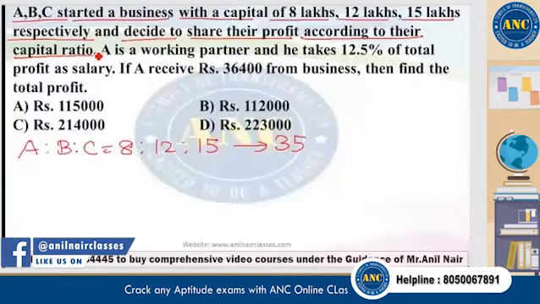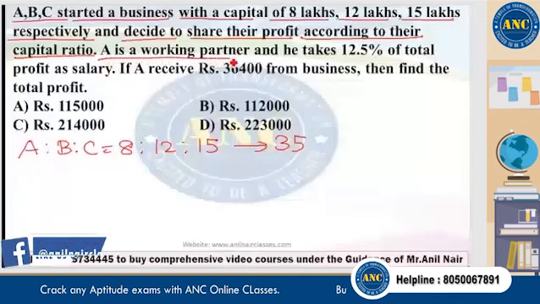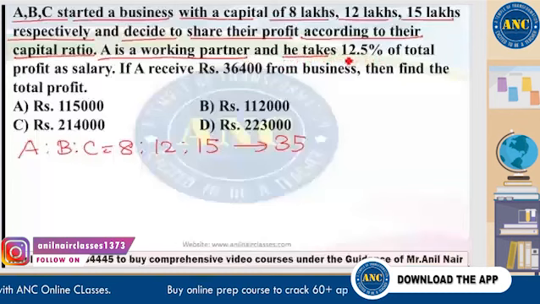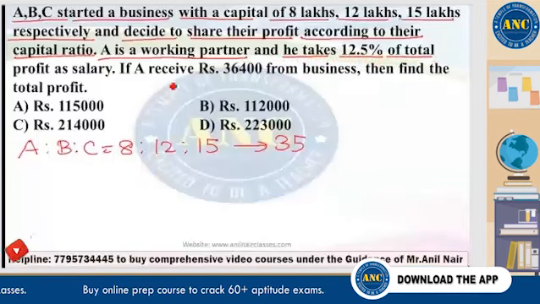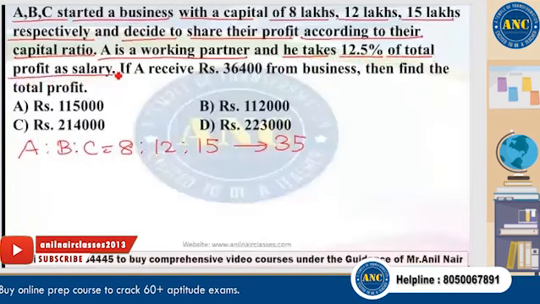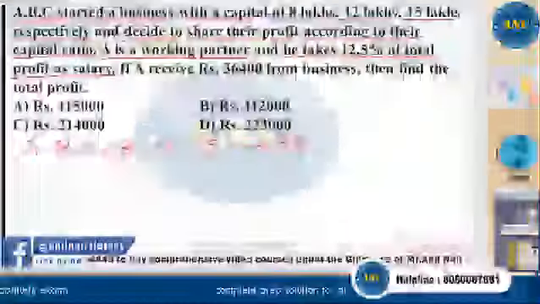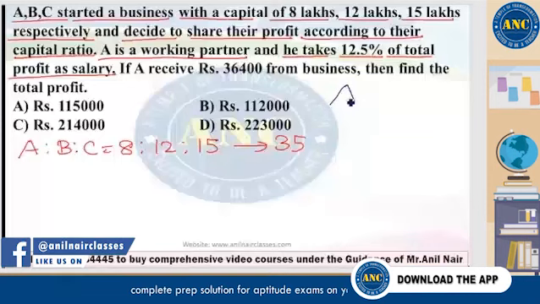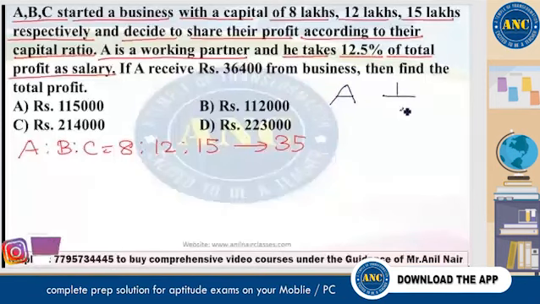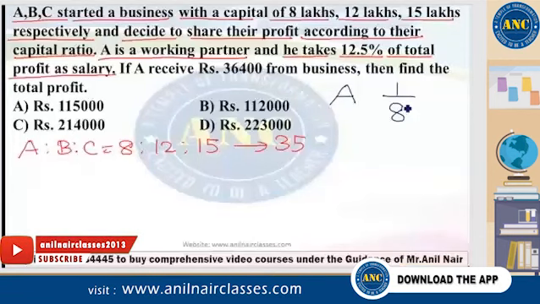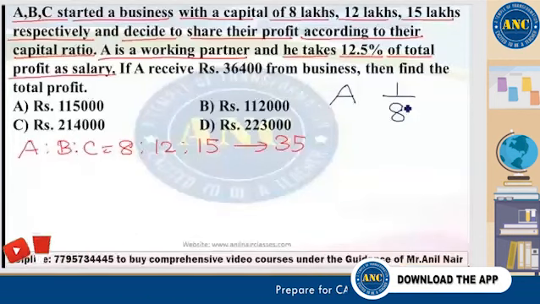Same profit ratio, right? Now, A is a working partner and he takes 12.5% of total profit as salary. That means out of total profit whatever they are getting, A is taking 12.5% as profit.